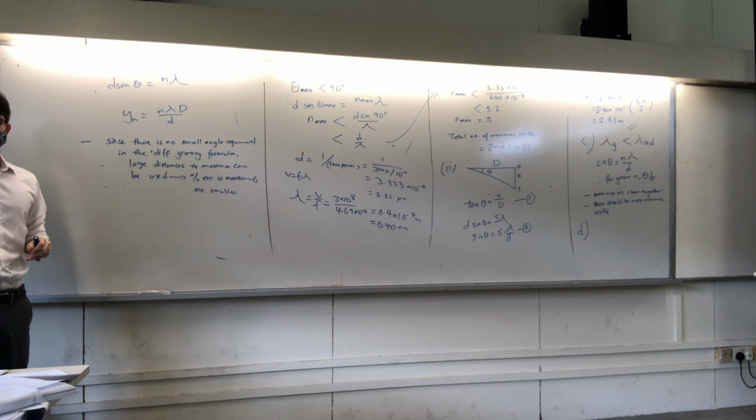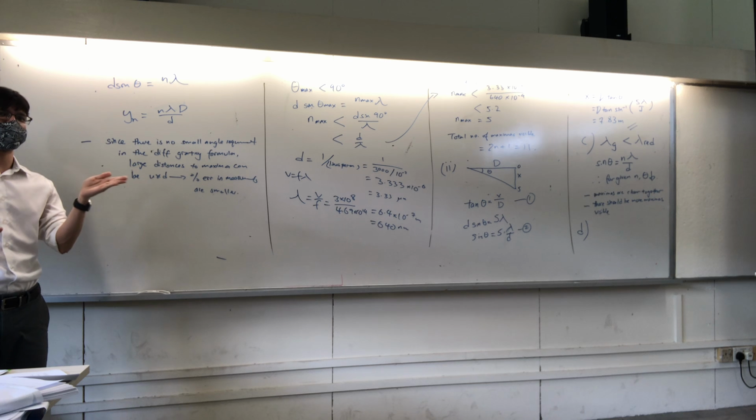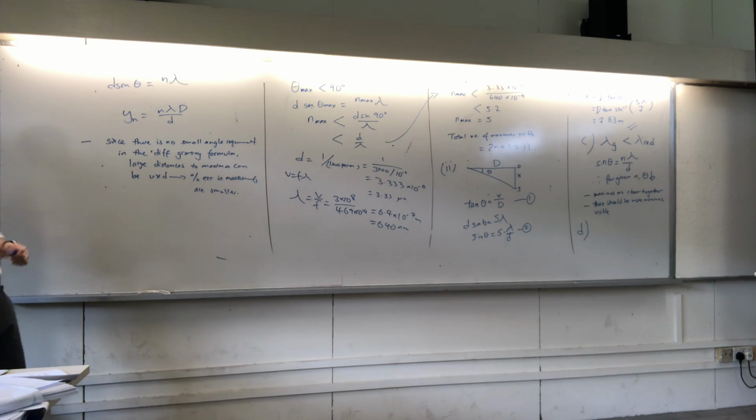Okay? And for the diffraction grating, because it is only one point that is bright and every other point is dark, it's very easy to do that measurement. So that's the second reason.